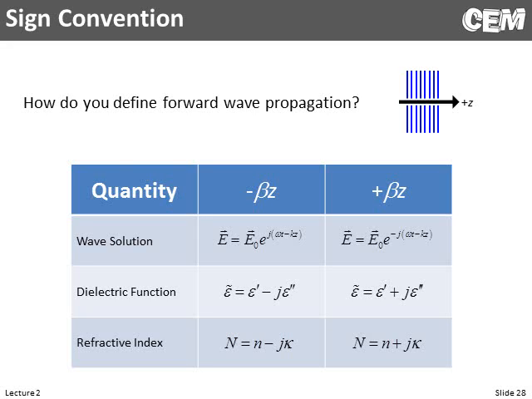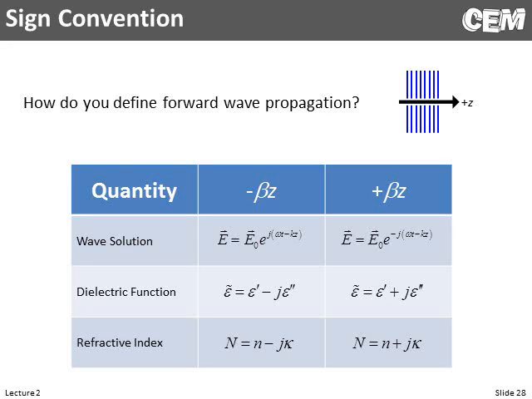Sign conventions. I bring this up because this is intensely confusing if you're not aware that it's an issue. But I can choose to describe propagation as either e to the minus j beta z or e to the positive j beta z. And both can describe forward propagation in z. And it doesn't matter which you choose, they'll both work. It's just a convention. In physics and chemistry, they tend to prefer the positive j beta z, and there's some merit to that.